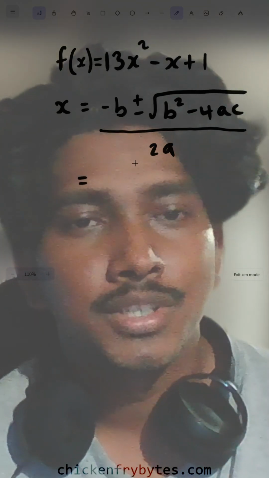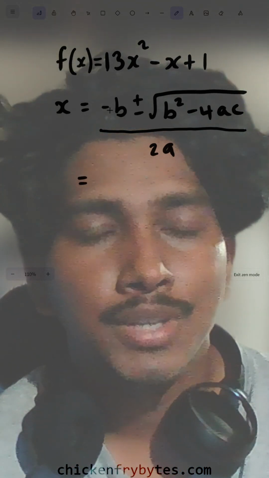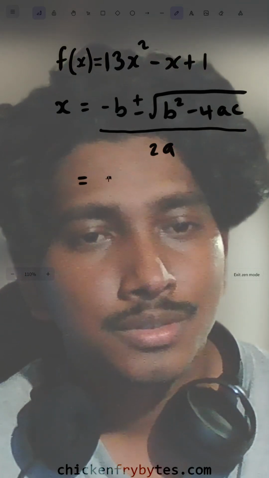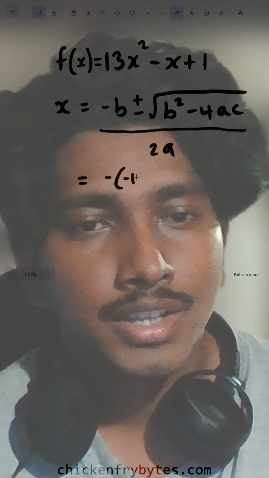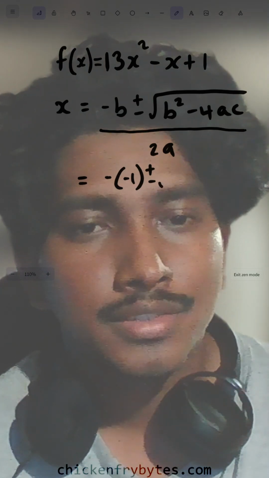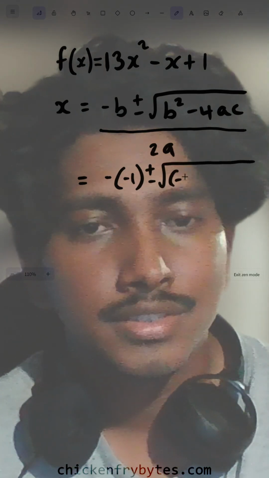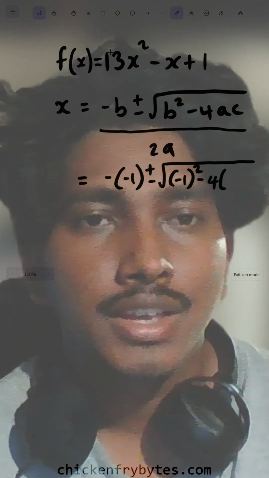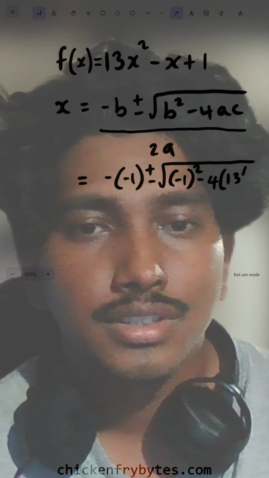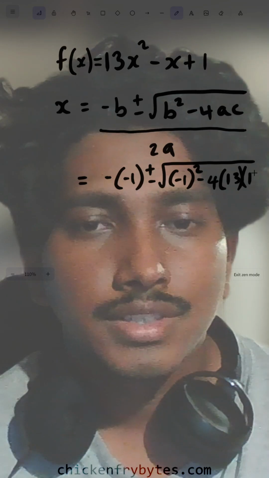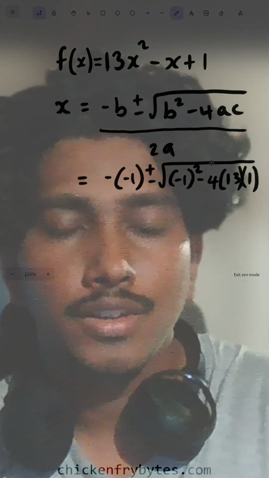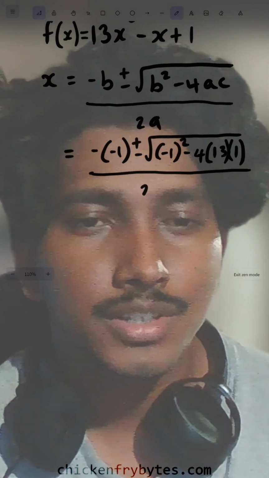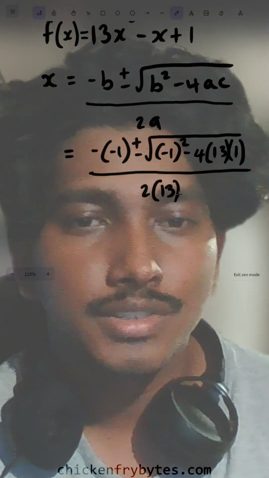So what this will end up being is, well, we know that b is negative 1. So we have negative of negative 1, so I'll write it as negative of negative 1 plus or minus the square root of b again, negative 1, of course, all squared, minus 4 times a, which is 13, and c, which is 1, all divided by 2a, in which case we have 2 times the 13.